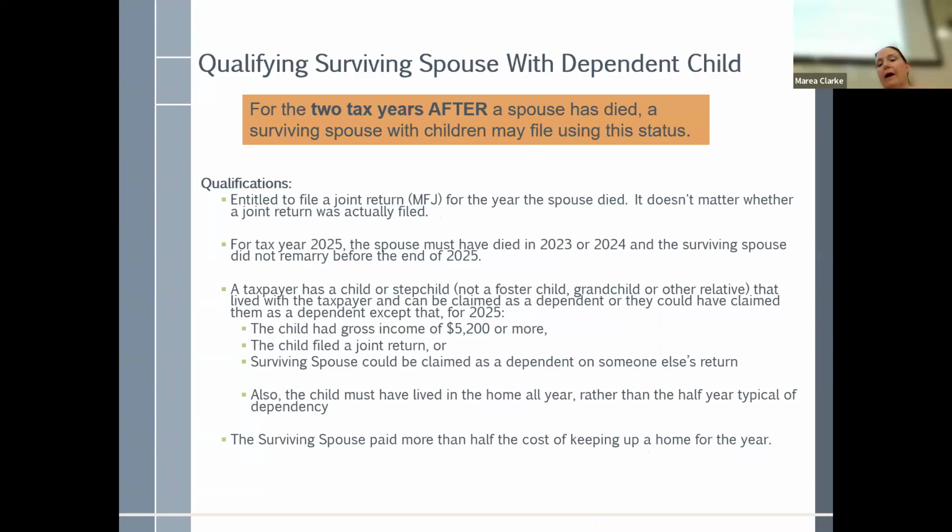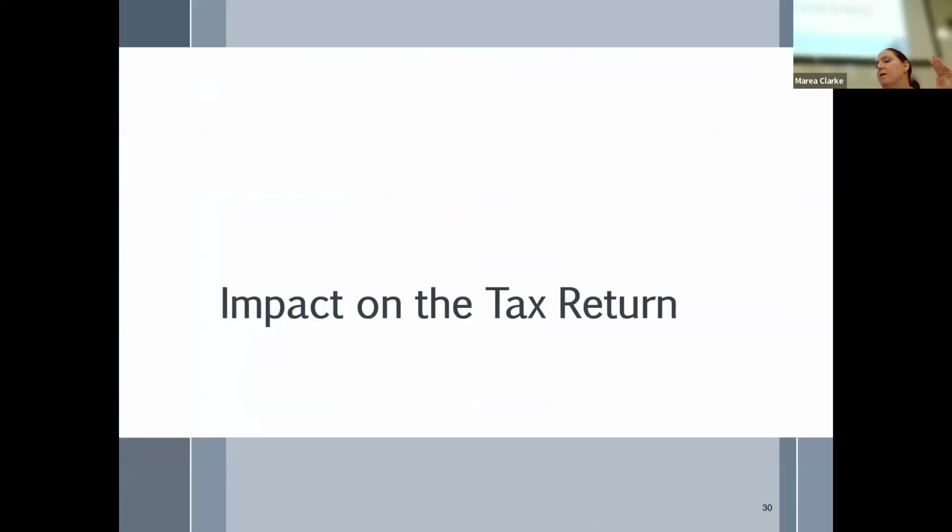I will say in our tax clinics, we see probably 85% single filers. The vast majority of the ones that are not, they're filing a joint return with their spouse. So we do not see a lot of married filing separate status. We see an incredibly small number of qualifying surviving spouse status.